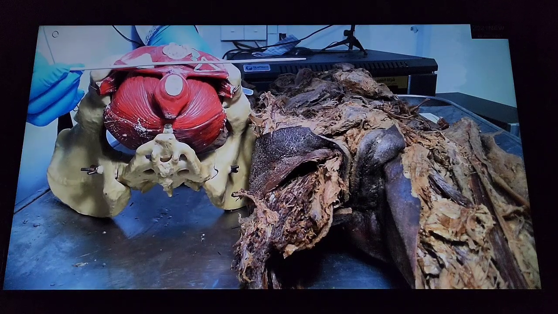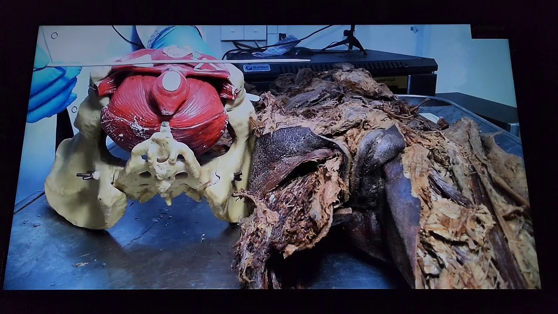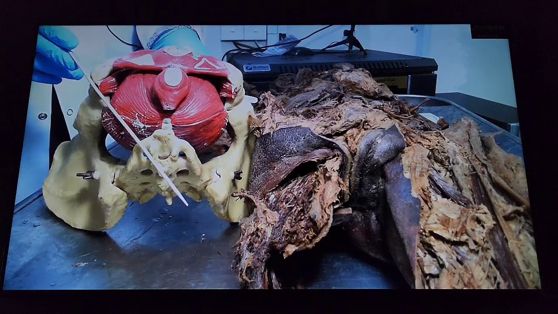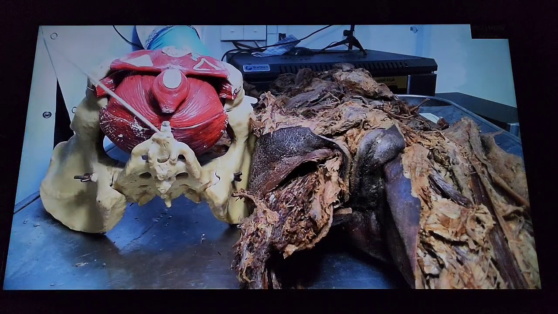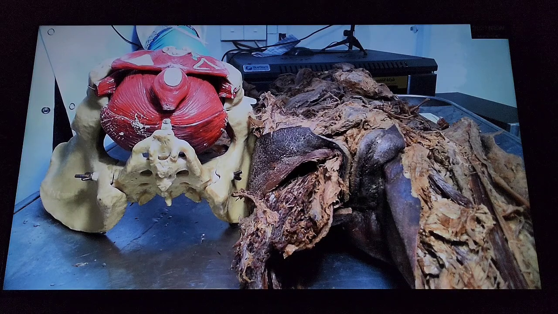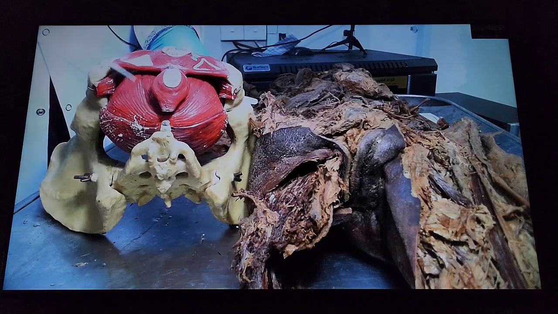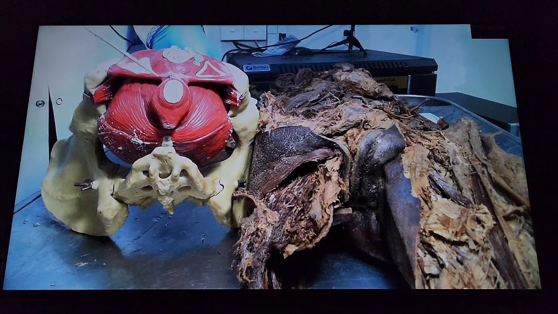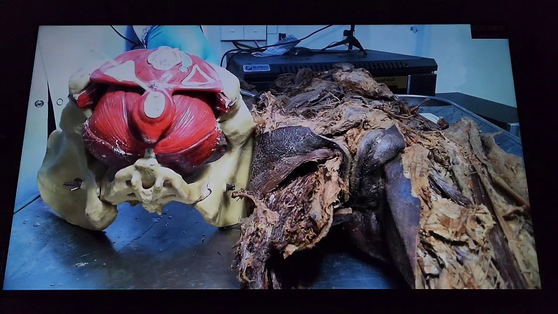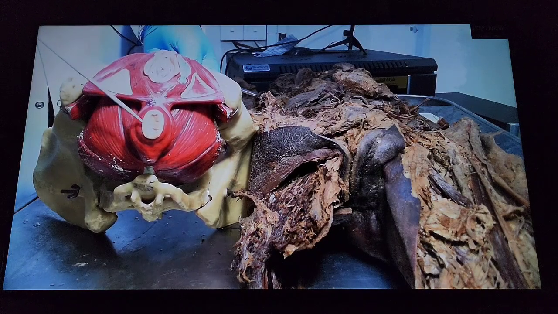While the posterior triangle is bordered by this imaginary line, the sacrotuberous ligament on each side, and the tip of the coccyx. This triangle, by the way, is identical for male and female regarding the anatomical landmarks, and contains the most important structure here, called the anal canal and anal orifice.